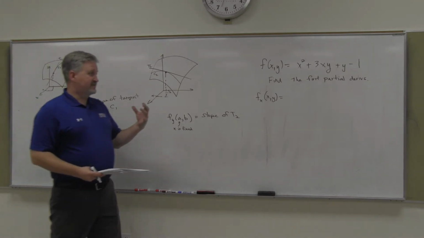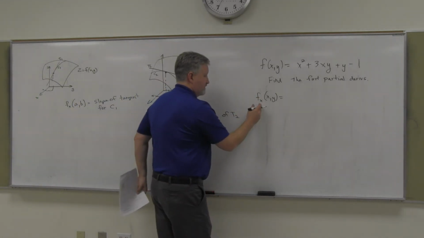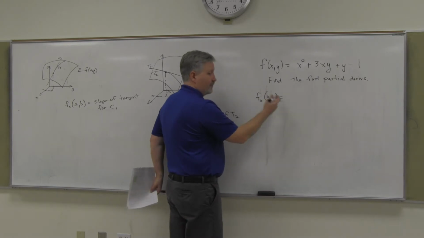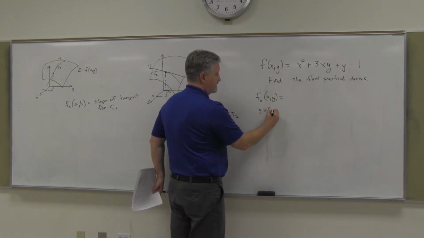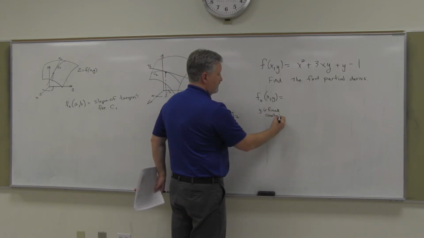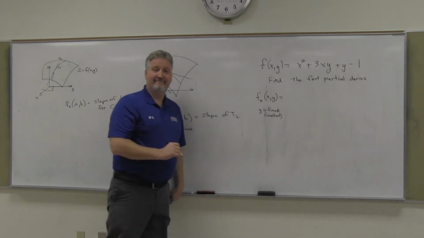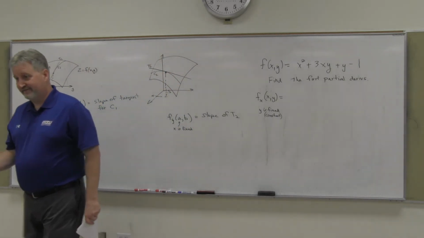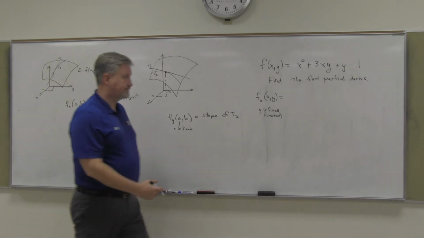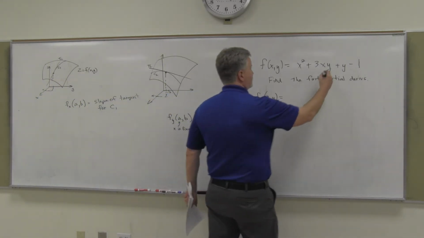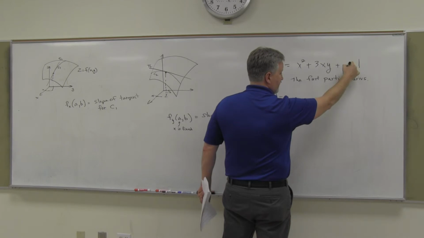Now, the key to this is, again, if I'm doing the partial with respect to x, the y is fixed. It's constant, in other words. And we know what we do with constants, right? The derivative of a constant is 0. So y is fixed, so keep that in mind.